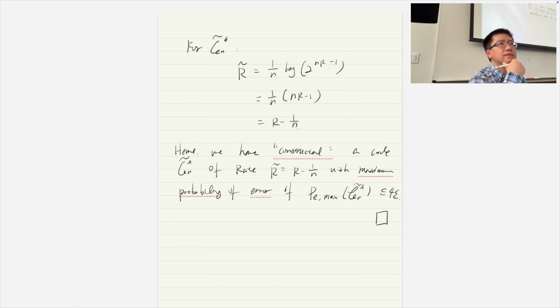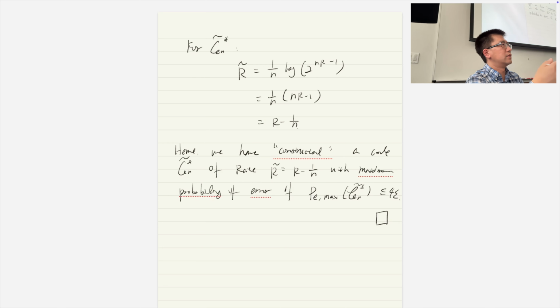Okay, is that clear? Any questions? Now what you can do is close your notebook and think about the procedure of the proof. How to construct the codebook, and then after constructing the codebook, we prove the expected error probability goes to 0.